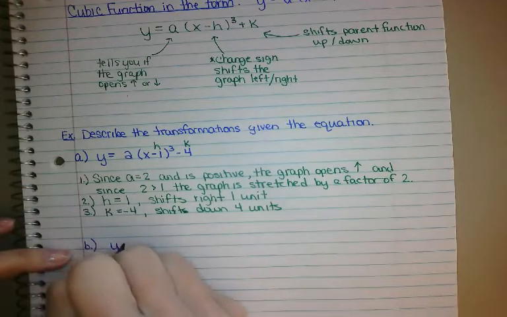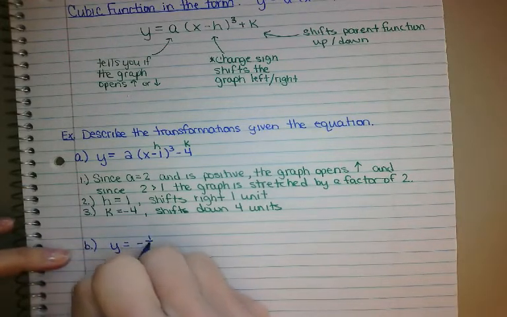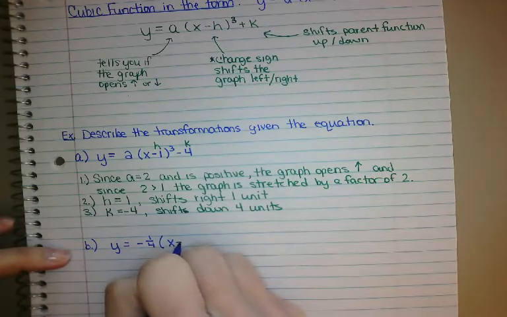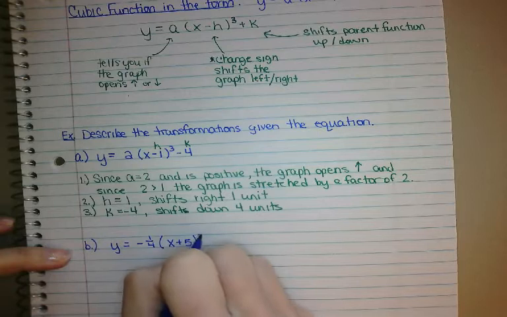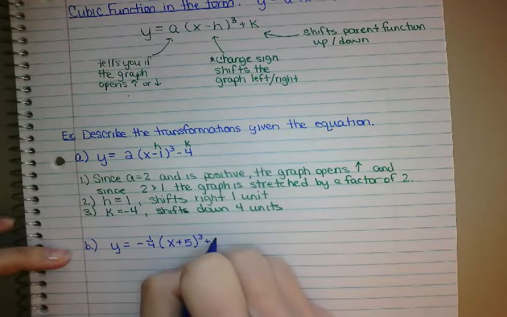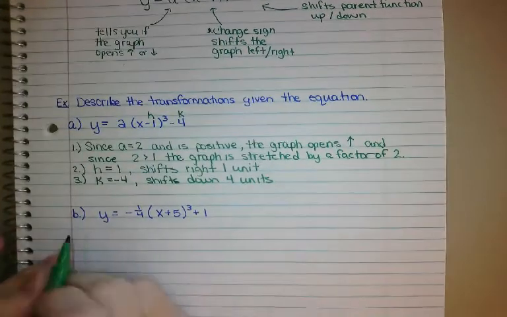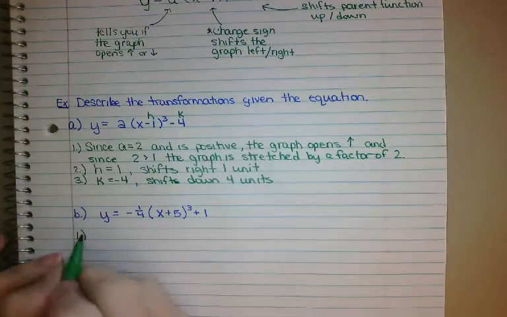Okay, so I have y equals, let's say, -1/4 times the quantity x minus, actually let's go x plus 5 cubed plus 1. Okay, so again, the a tells you 2 things.